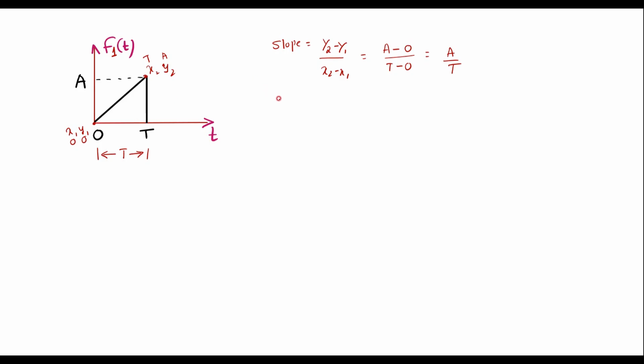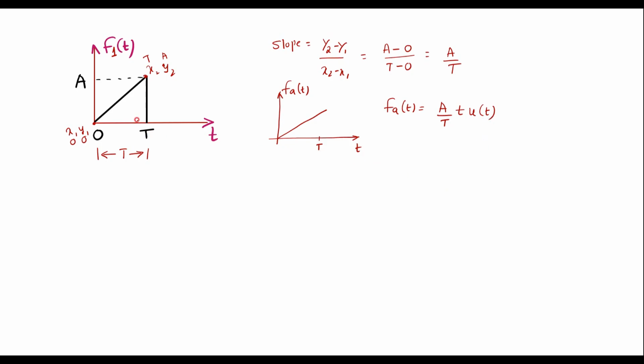So let me consider the first signal. I will call it fa of t. So fa of t is a ramp signal of slope A by T. I can represent this signal in terms of the unit step signal as fa of t equals A by T, t u of t.